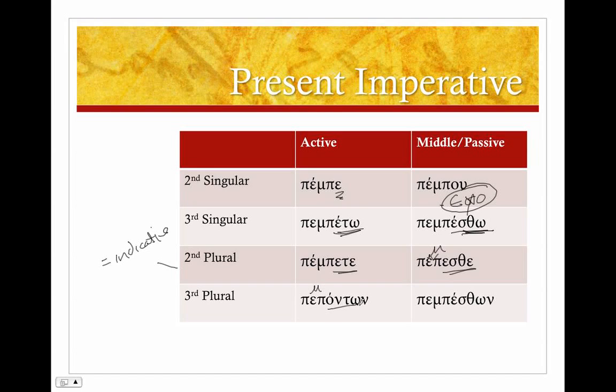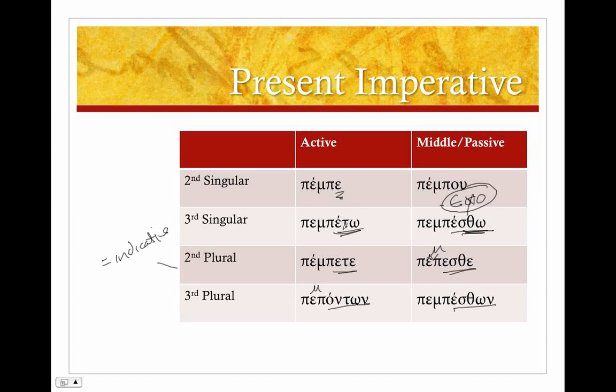And then third plural, I missed a mu again. Pempontōn, remember that ending. Let them send. And pempesthōn, let them be sent. Let them be sent. Or let them be being sent, if you want to get that present aspect to it. All right, so pempe, pempou, pempeto, pempesthō, pempete, pempesthe, pempontōn, pempesthōn.